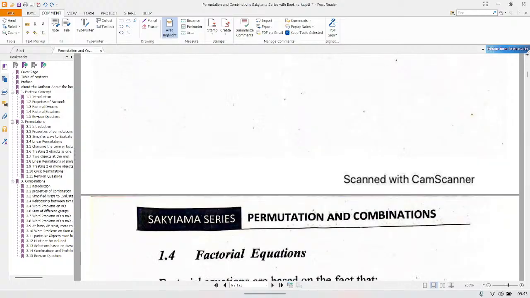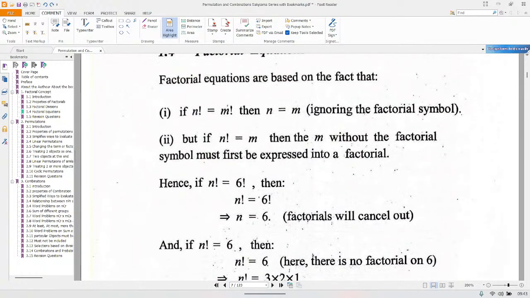Okay. Now let's go to factorial equations. If n factorial equals m factorial, then n and m are equal, ignoring the factorial symbols. But if n factorial is equal to m, then the m without the factorial symbol must first be expressed as a factorial.